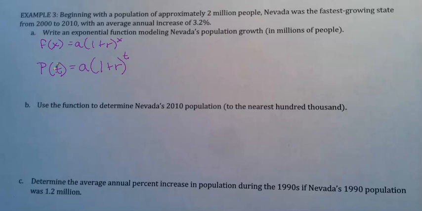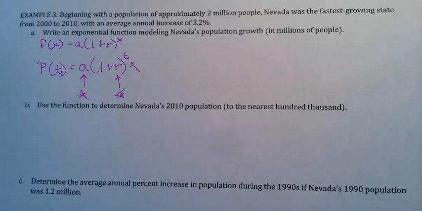So we need to identify an a, an r, or a t. We have to identify at least 2 of those variables, if not all 3 of them. Generally the ones we're going to do are a and r, because we want to model it over a certain amount of time, and we can adjust that.